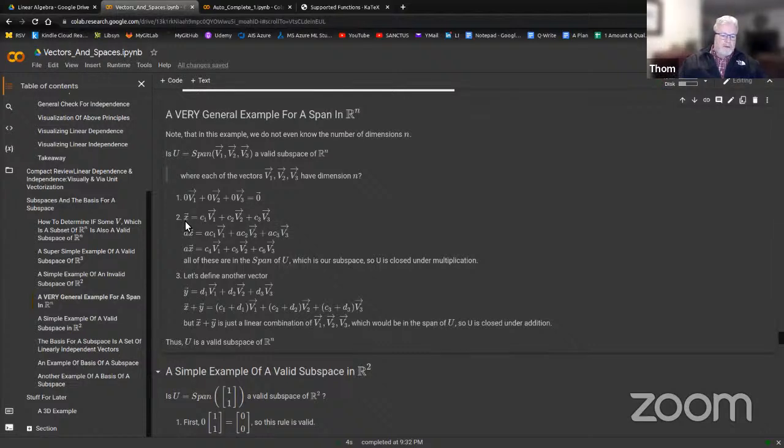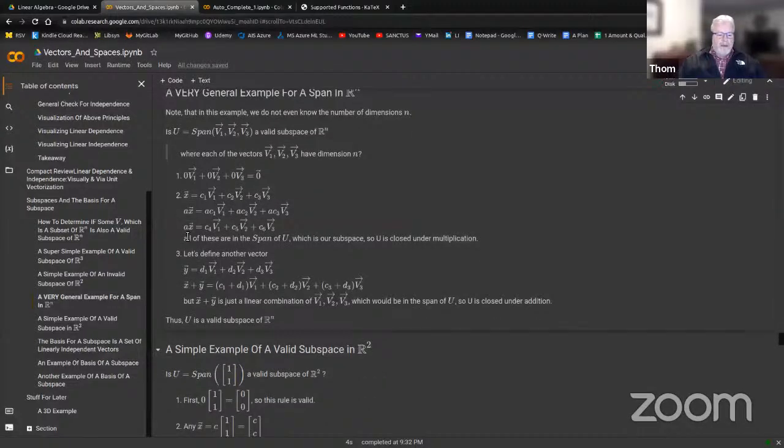Well, if I define some vector x to be C1 times V1 plus C2 times V2 plus C3 times V3, well, that should work, but let's just keep checking. If I multiply A on X, that's just A times C1 and A times C2 and A times C3 acting on each of these vectors.